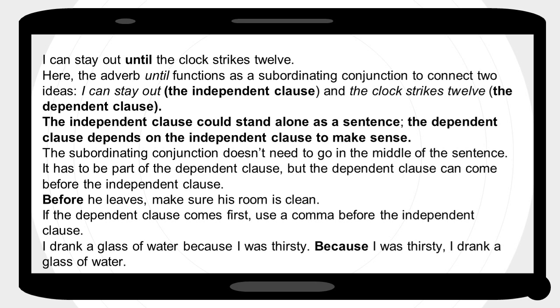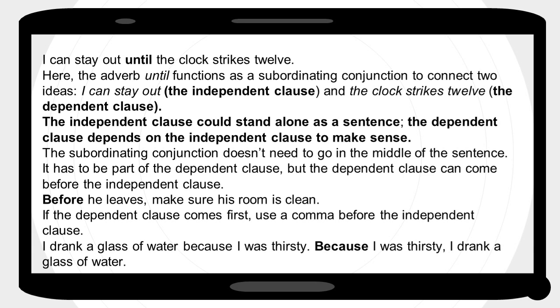Therefore, the independent clause could stand alone as a sentence, and the dependent clause depends on the independent clause to make sense. So kung wala si independent clause, yung dependent clause na dinuktong natin dun sa independent, wala siyang sense. So magkakaroon lang siya ng sense o katuturan kung the independent clause is being connected.